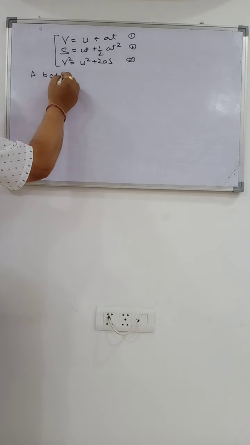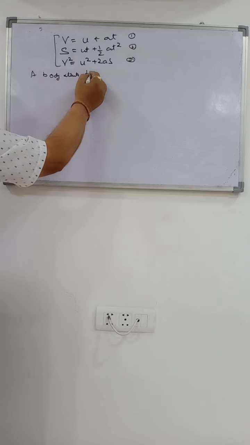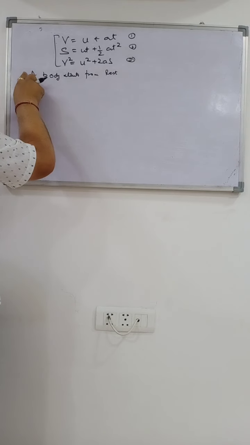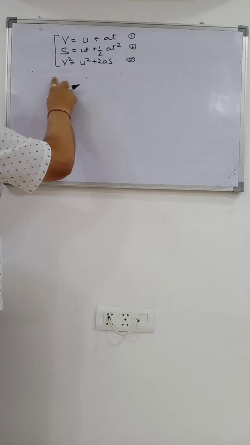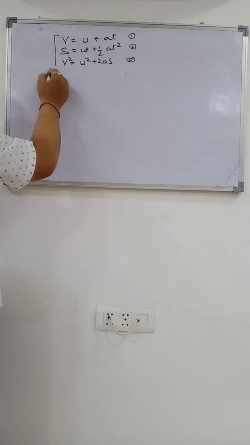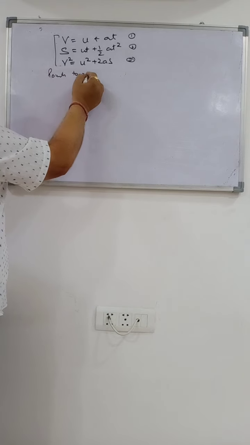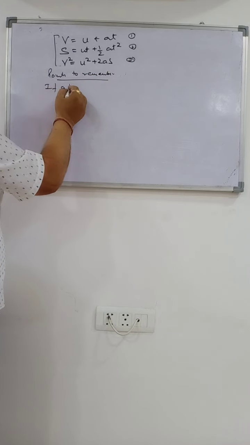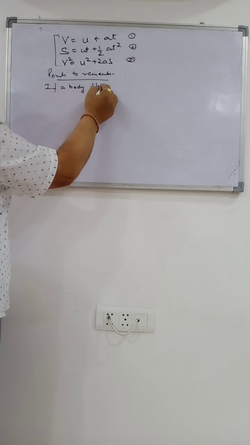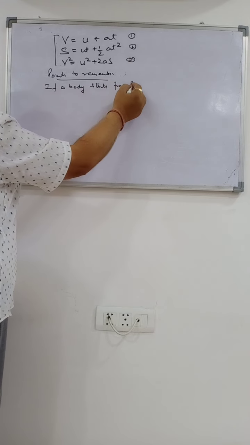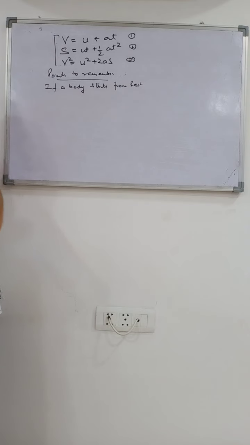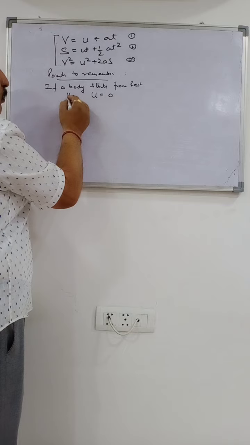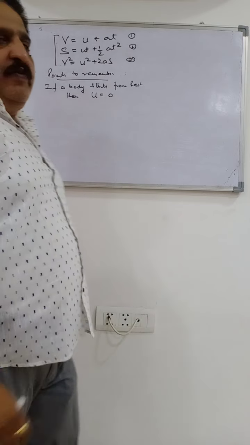A body starts from rest. Before doing this numerical, you should remember one thing. Points to remember. If a body starts from rest, then initial velocity will be zero, then u will be zero.